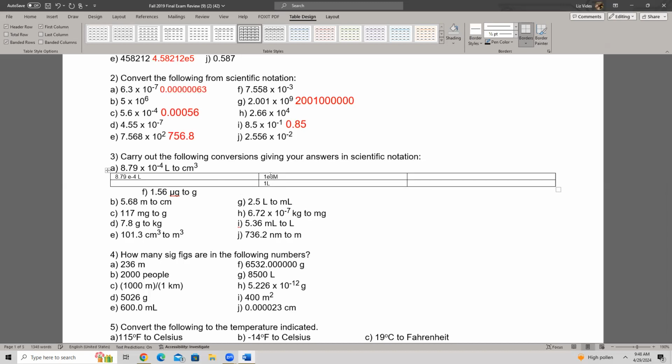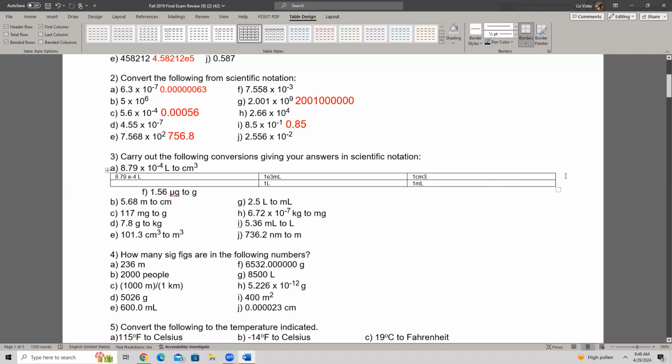And we know that a milliliter and a centimeter cube are the same, basically. So we can just do that if you want. 1 milliliter is equal to 1 centimeter cube. Okay, so we know that.